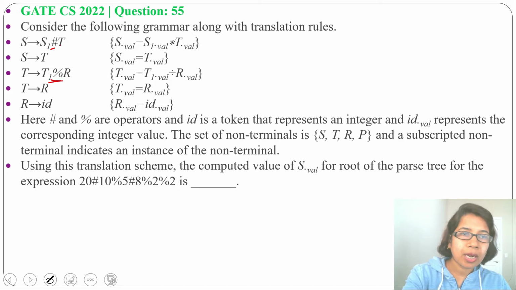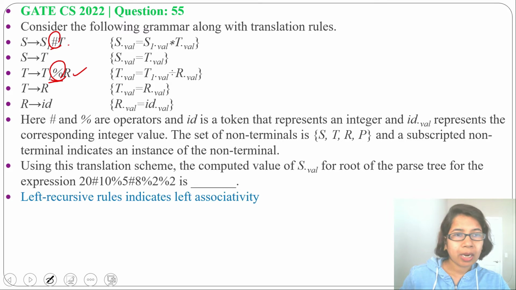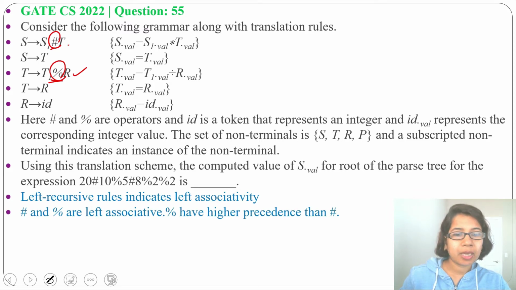So we found hash symbol and percent symbol both are left associative. Next check precedence. This percent symbol comes after hash, meaning percent has higher precedence than hash.